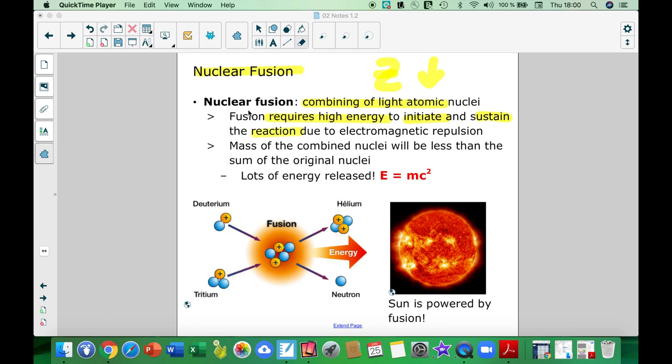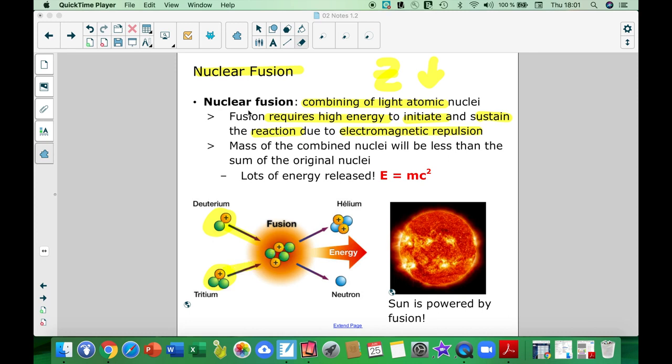And why is it so high? It's because there's a lot of electromagnetic repulsion going against it. That's why we need an initial very high energy to start the process, and that's why it's very expensive, very costly and very difficult to attain. Now, what happens in the process? The mass of two small nuclei is combined and forms a larger nucleus.